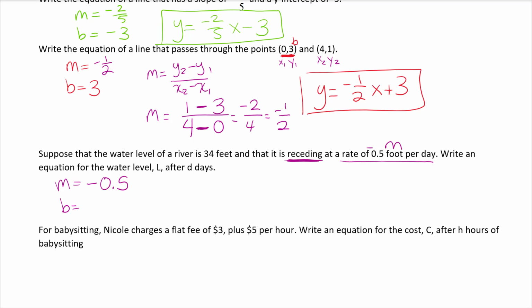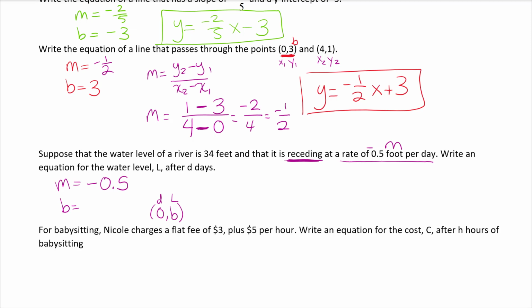My b is where my graph starts on the y-axis. Remember how we talked about the b being 0 comma b, right? So if we have d days and L water level, at 0 days, initially, what is the level of the water?